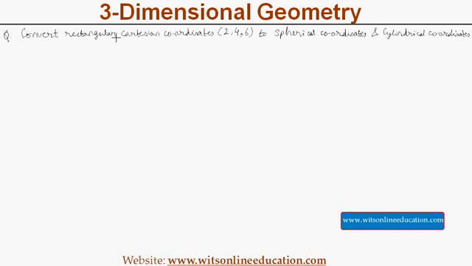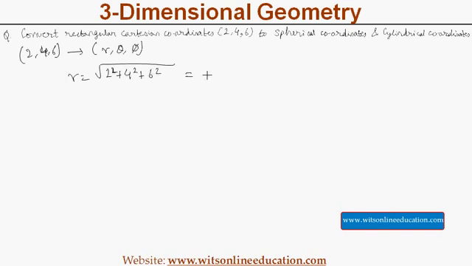Convert rectangular Cartesian coordinates 2, 4, 6 to spherical coordinates. So we are given x, y, z, that is 2, 4, 6, and we are required to find the coordinates of this point in the spherical coordinate system. We see that r will be equal to the square root of x square plus y square plus z square, that is 2 square plus 4 square plus 6 square.